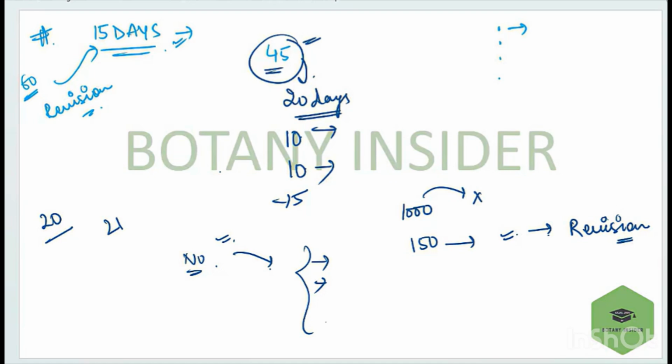Go for 13 units, but with selected topics, with smart revision, with smart preparation, because smart preparation is going to take you everywhere. But if you go for just hard work, it's not going to take you. Hard work and smart work, both of the things should be clubbed together. Okay, so remember all these things. I hope whatever I have discussed in this entire session is clear to everyone.